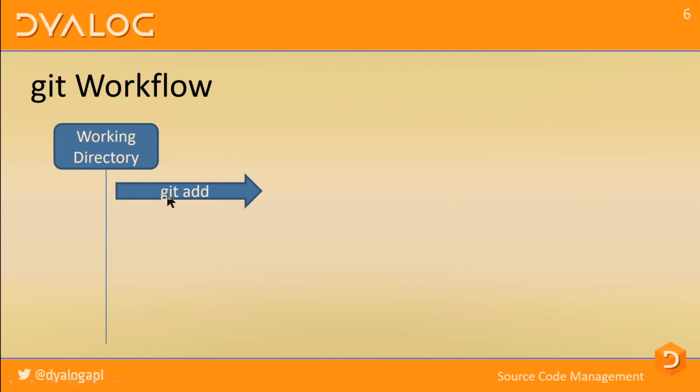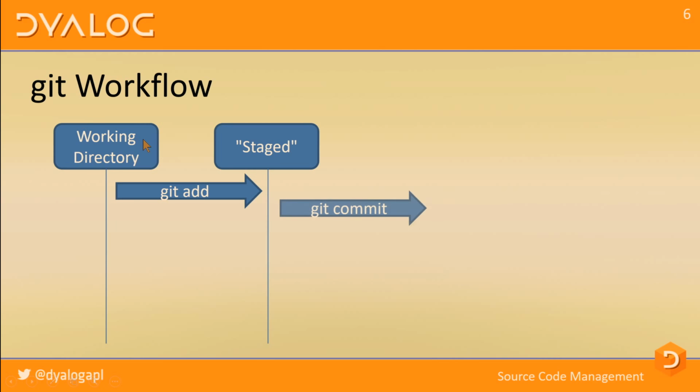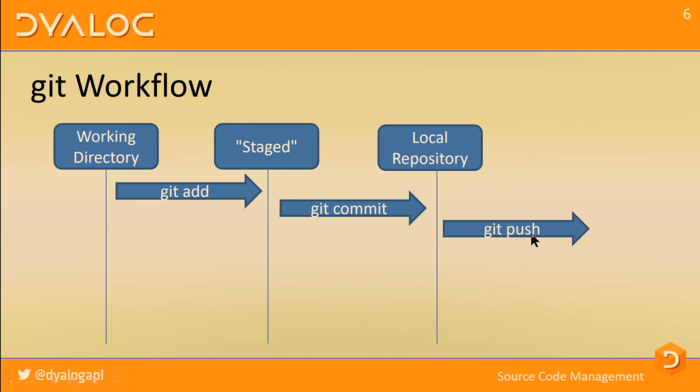And then we modify code or we add files to what's known as the staging area. And then you commit from the staged area to your local repository. And then if you're using a remote repository like GitHub, then you push, and that goes into your remote repository.